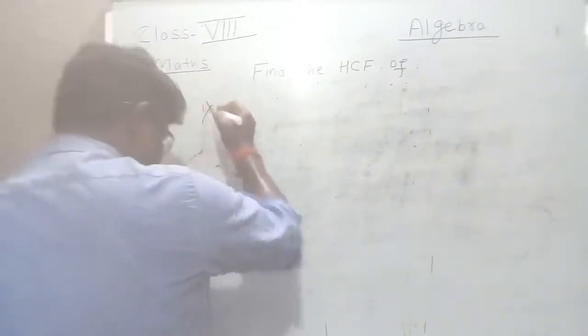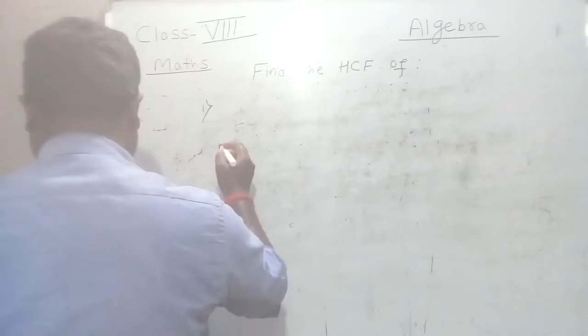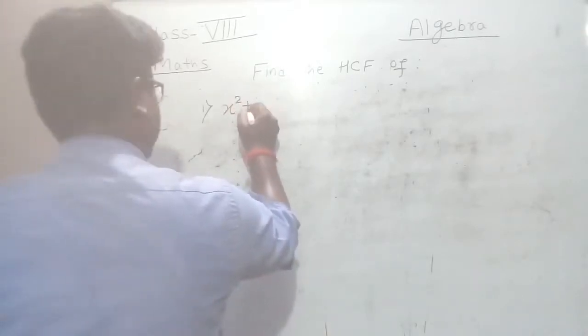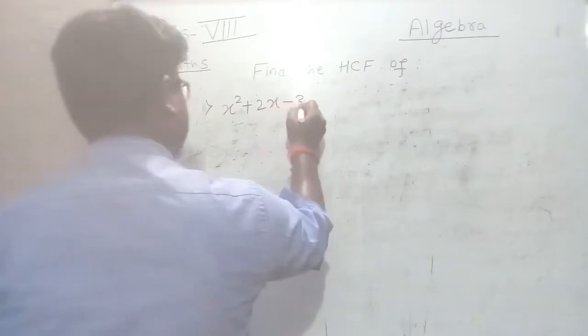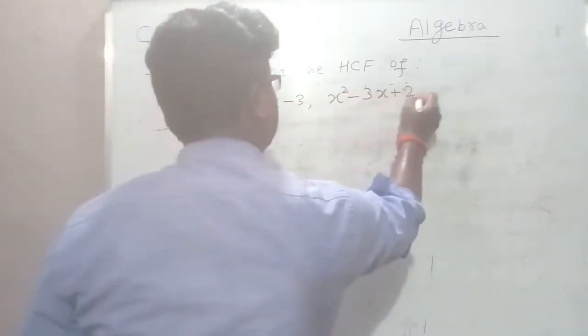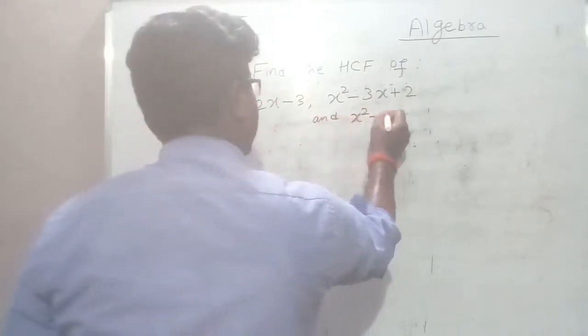Question number 1 is x square plus 2x minus 3, x square minus 3x plus 2, and x square minus 1.